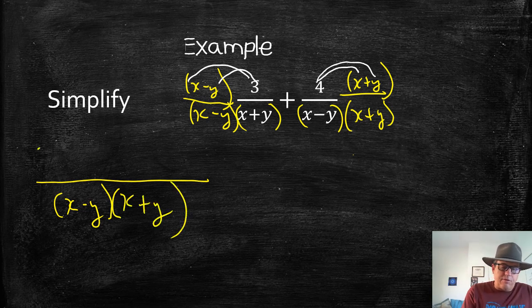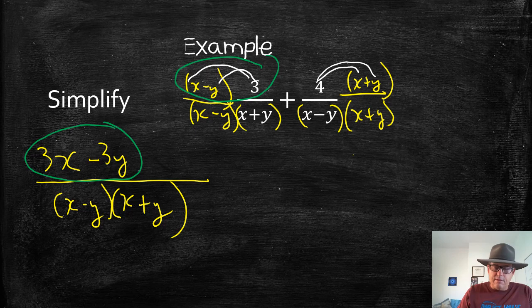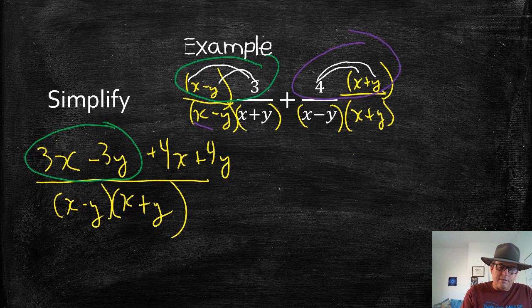Up top I'm going to have 3x minus 3y, that's what I get from this, and then plus 4x plus 4y, and that's what I get from this.